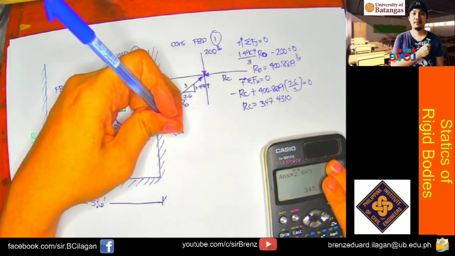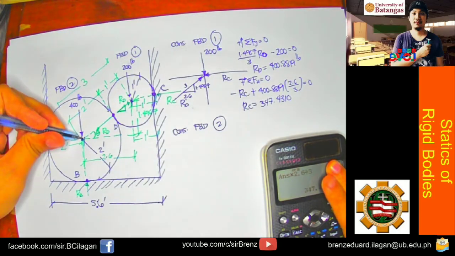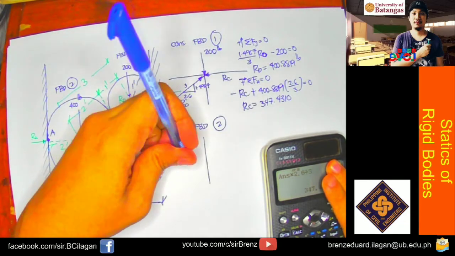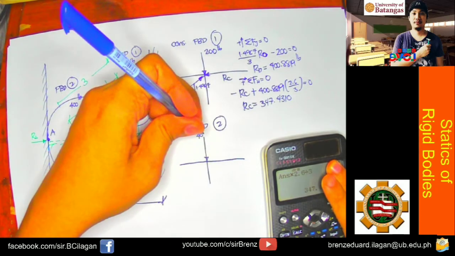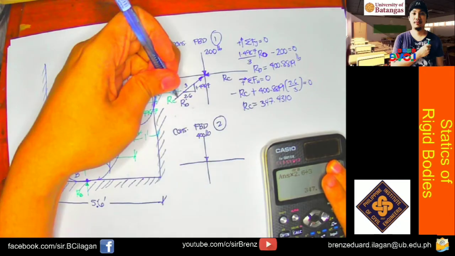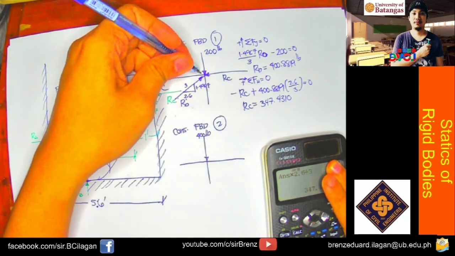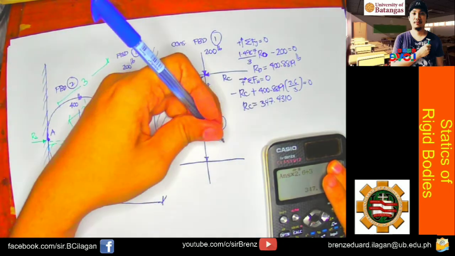Okay, next. So this time we will now consider the larger cylinder, or free body diagram 2. Ano ba yung makikita natin sa free body diagram 2? Or at this point, what are the forces acting? So first, we have the 400 pound weight acting vertically downward. And then yung RD mo, since pakaliwa siya sa FBD 1, dito, pakabila naman siya to make it in equilibrium.